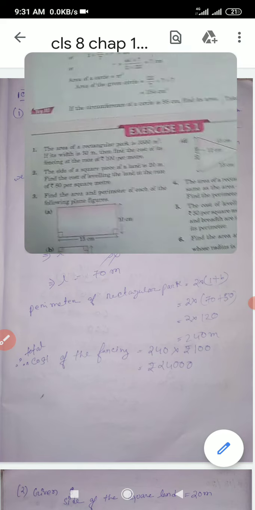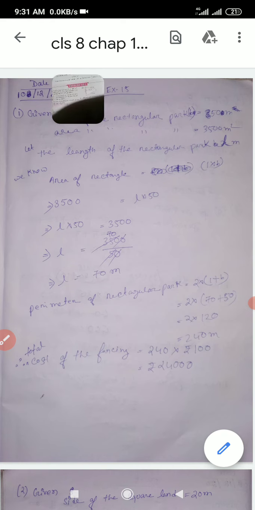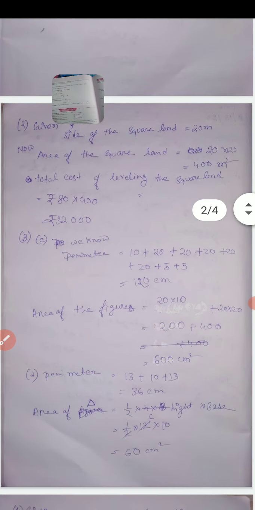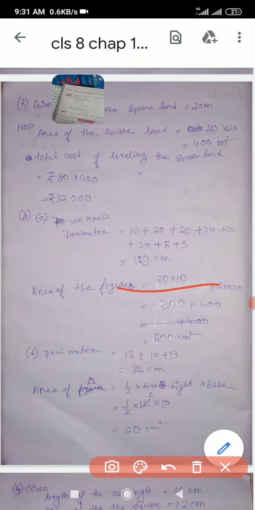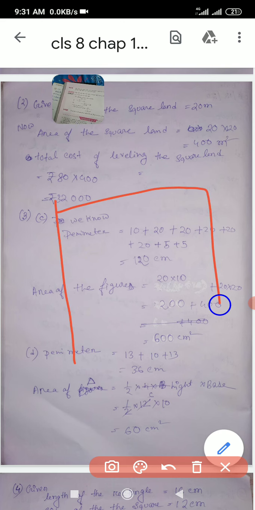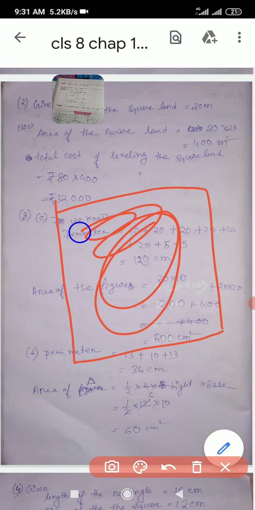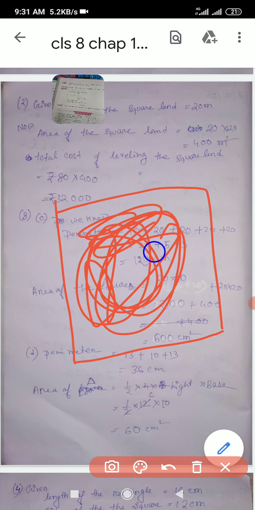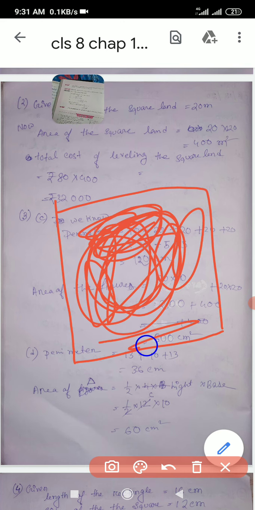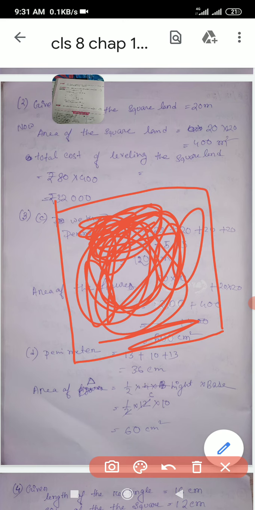Whenever we are given leveling, suppose this one is a square, leveling means we are doing all the work inside the square, not on the boundary, inside. So whenever we are doing anything inside, we will be using the area of that particular figure.